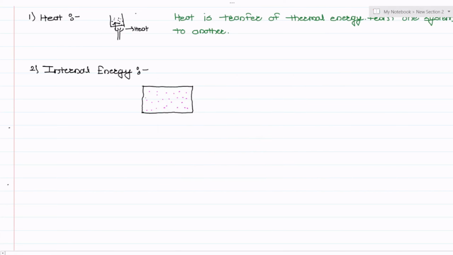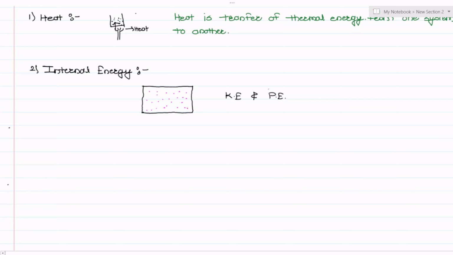In this diagram, we can see that this cube is a substance. This substance has an infinite number of particles. In these particles, every particle has kinetic energy and potential energy.